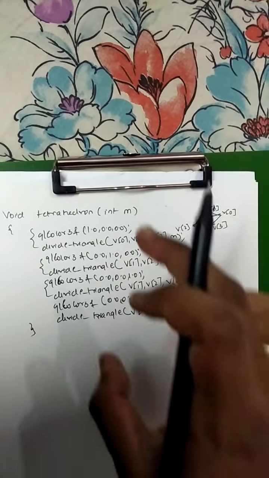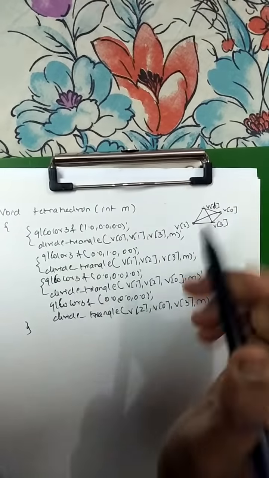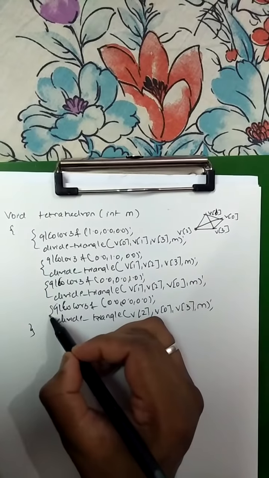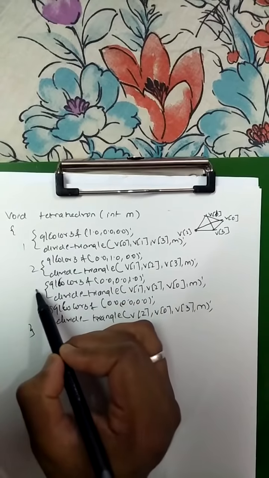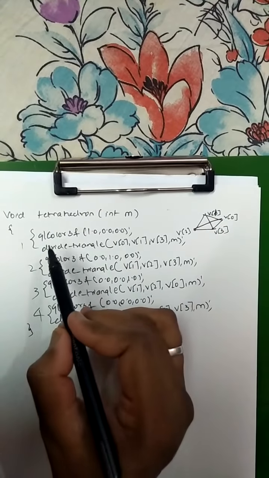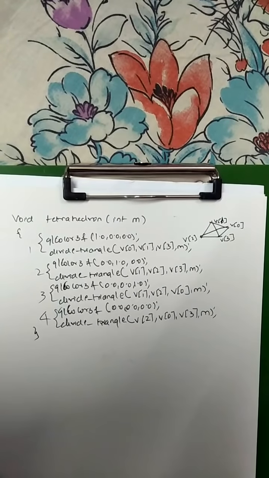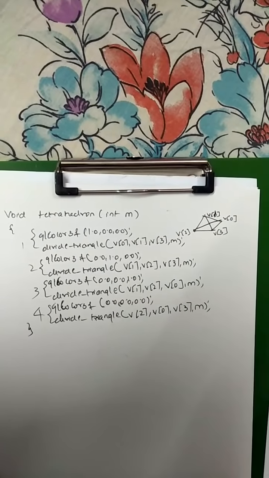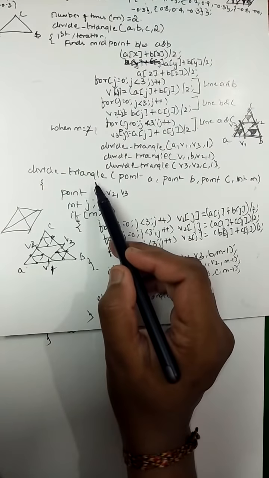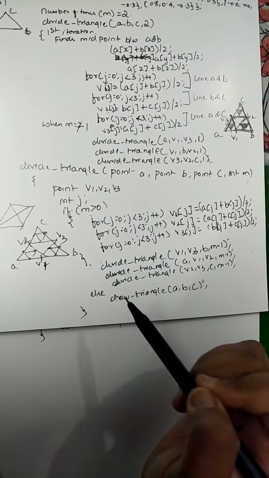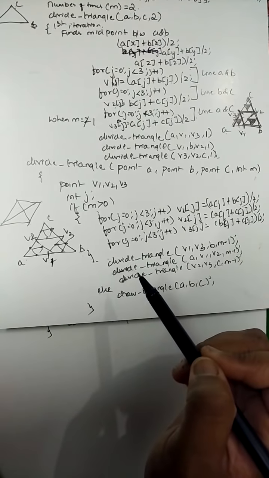So this function calls each and every face, that is all 4 faces, and for each one face it calls a divide triangle function, which is here. So this calculates the midpoint. Fine.